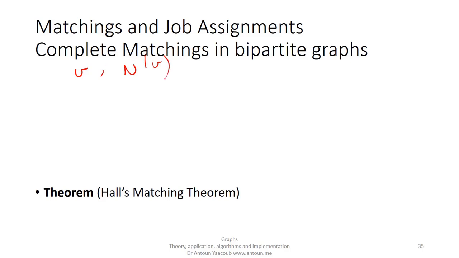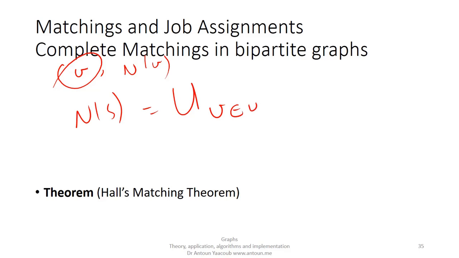For any set of vertices S, the neighborhood of S is equal to the union over V in S of the neighborhood of V. So I'm doing a union of the neighborhoods.